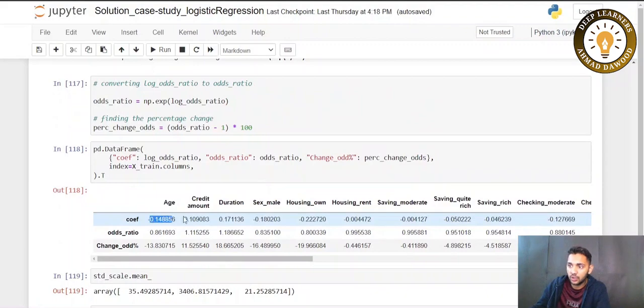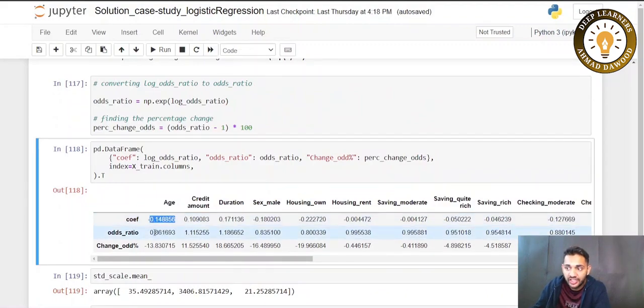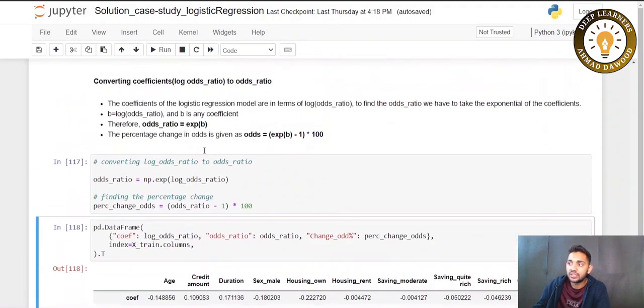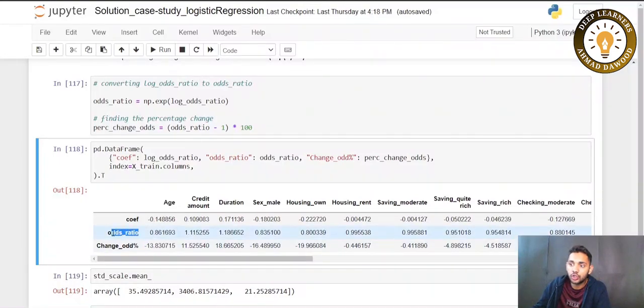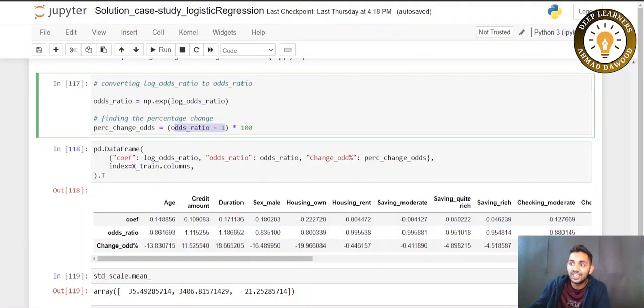So I have here the coefficients. I know these are log of odds ratio. If I want to see the odds ratio, I take e raised to the power of that coefficient. If I want to see the change in ratio in terms of percentage, I have used that formula: e raised to the power of the coefficient gives the odds ratio, odds ratio minus 1 will give us the change in the odds.